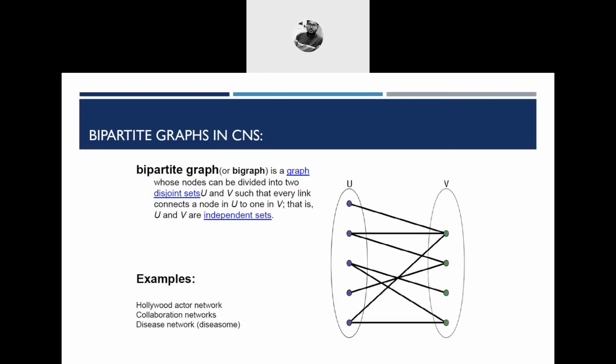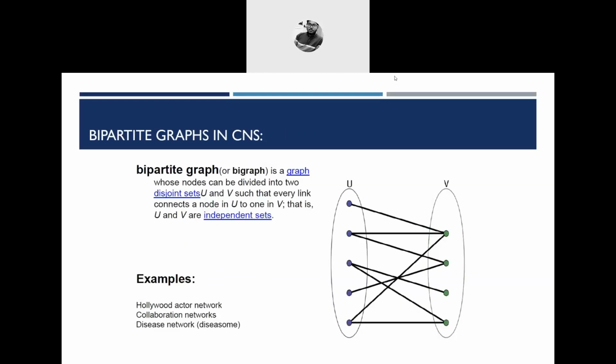Now, I think you're familiar with this term, bipartite graphs, also known as bigraphs. Bigraphs are not digraphs. They can be digraphs or not. It's not that since it is bi or di, they are the same. No. Bipartite graphs are basically graphs where two dissimilar sets, two dissimilar entities, are connected to each other.